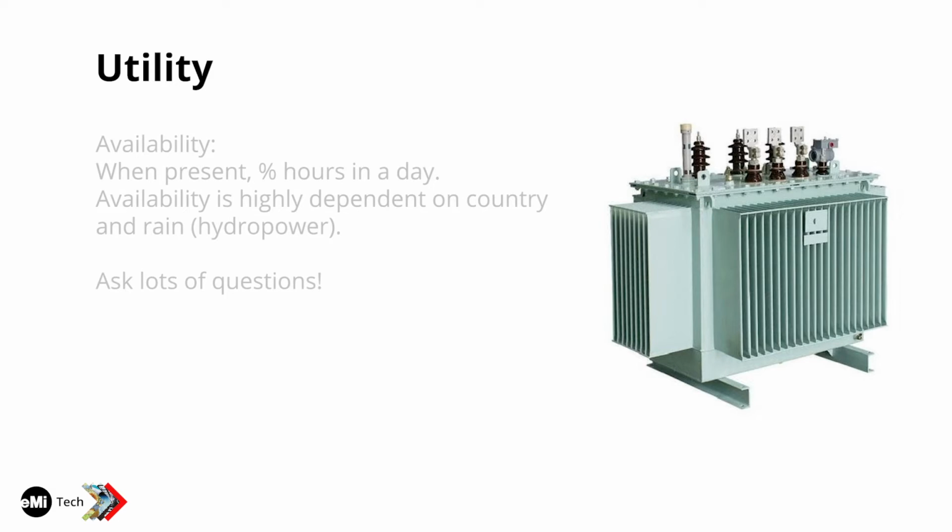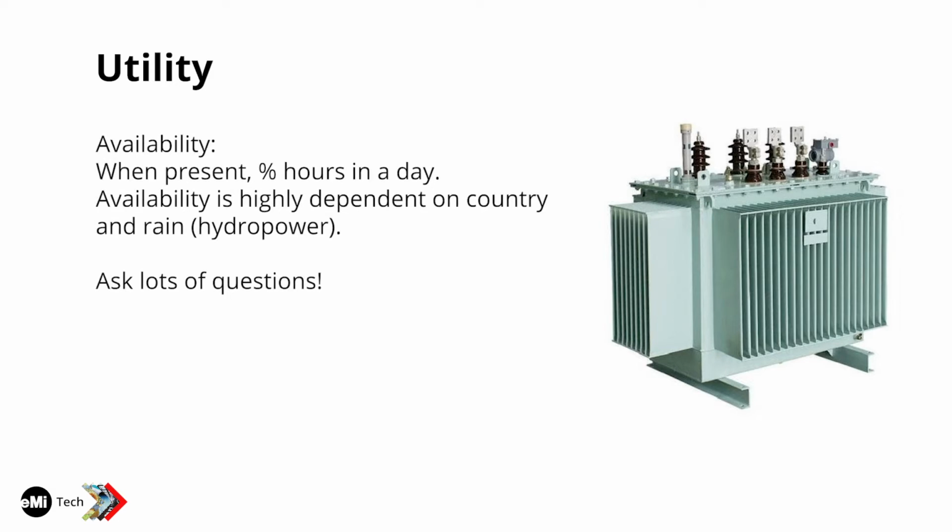The availability is one of the things that you enter into the spreadsheet. So I want to cover a little bit what that was. This is when the utility is present as a percent of the total hours in a day. And this is something that's really variable on its country and also if they're using hydropower. And so you have to also be careful. Sometimes if you go there in dry season, they'll tell you, oh, the utility's always off.